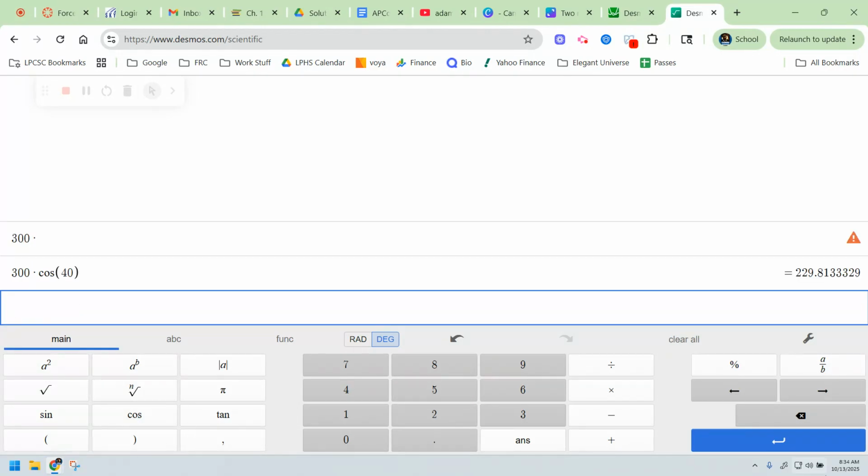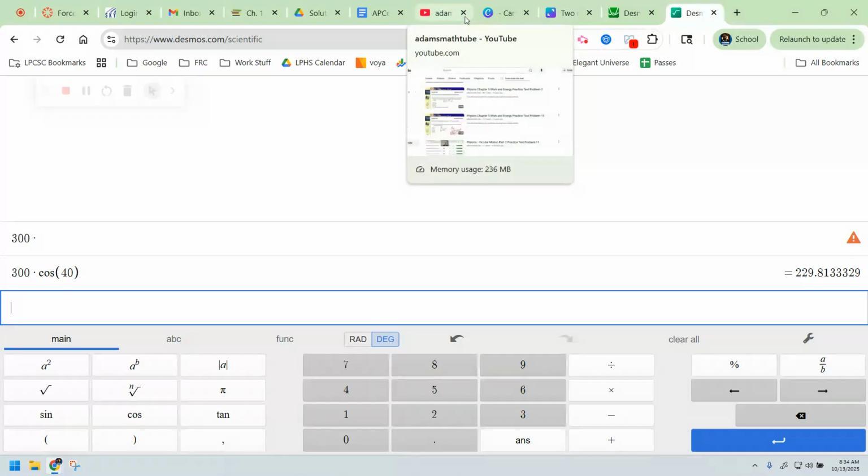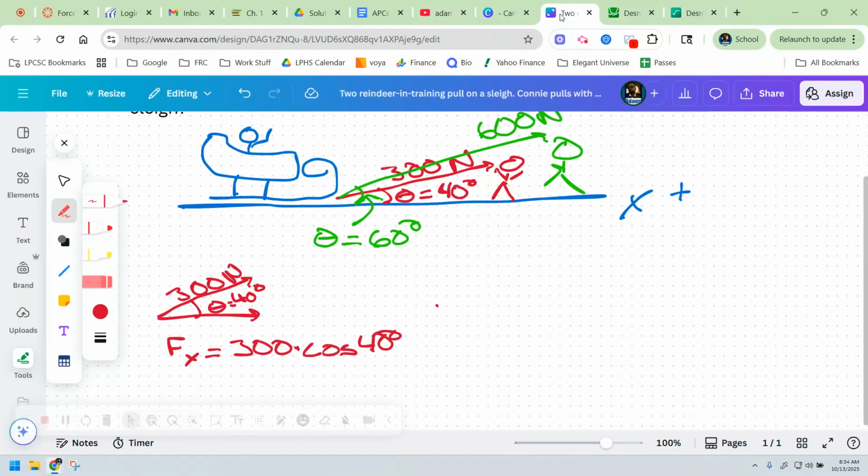So her x component is 230 roughly, okay? So I'm going to round it to 230 just for the funs of it. So this x component for her is, f of x is approximately 230 newtons.